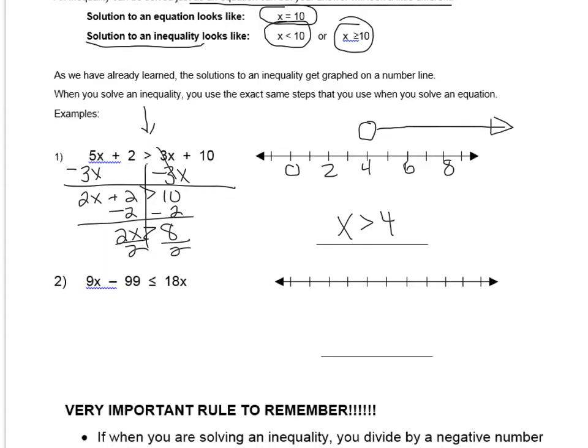And just for fun, let's practice writing our solution in set notation. Curly bracket, we're defining x such that x is greater than 4. In interval notation, it's a lot easier to write when you have the number line to look at. You always look at your graph from left to right.